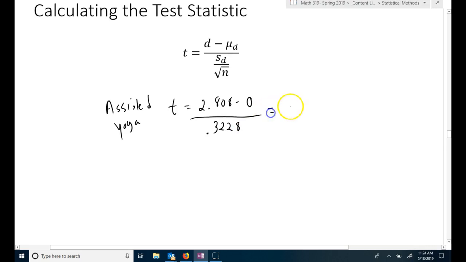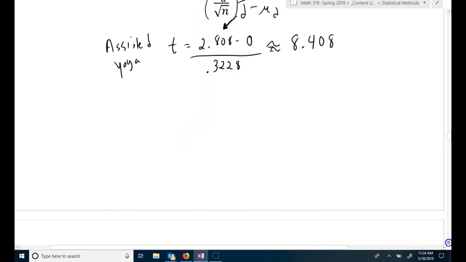And that ends up equaling approximately 8.4. So that's how we find it. We take the mean difference that we got from the sample, that's D bar, minus mu D, and then we divided it by the standard error, which is this value, all right?